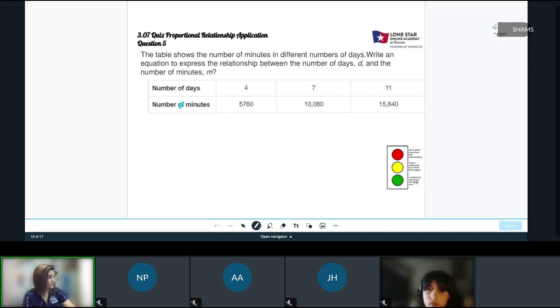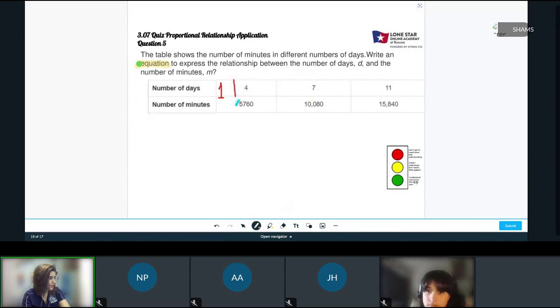I agree with you. This is question 5, second variety. The table shows the number of minutes in different numbers of days. We want to simply express that as an equation. Right? And to write it as an equation, remember, the important thing is we want to find for one. Find for one day.